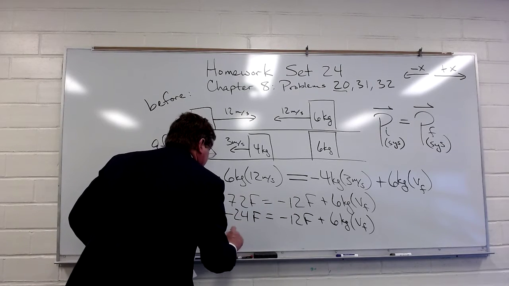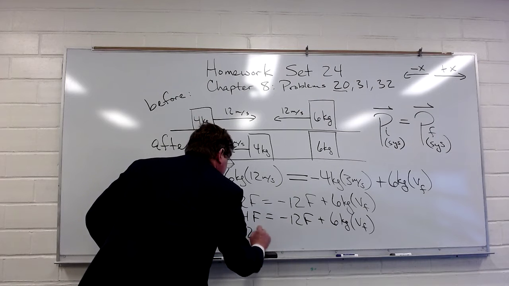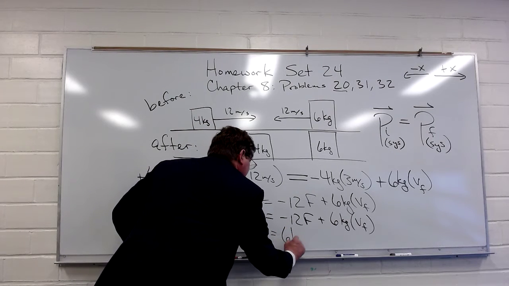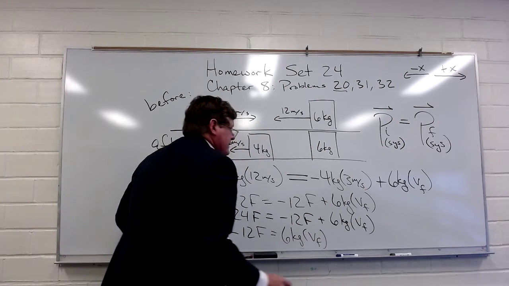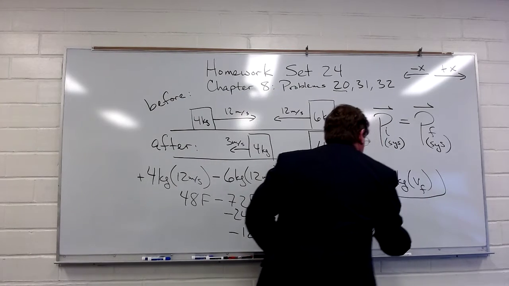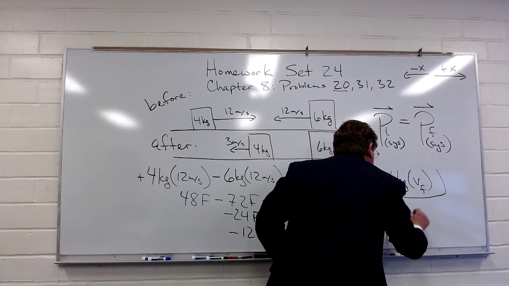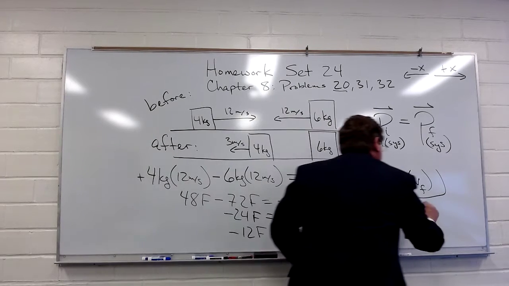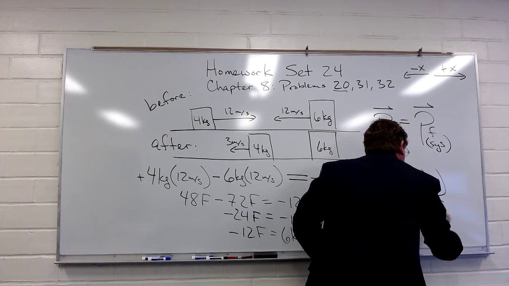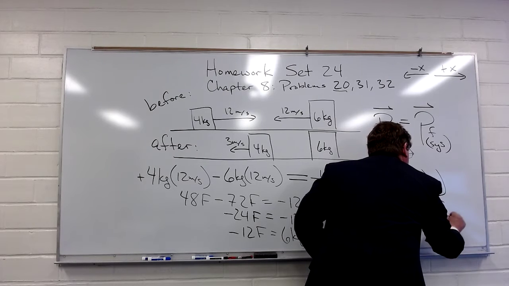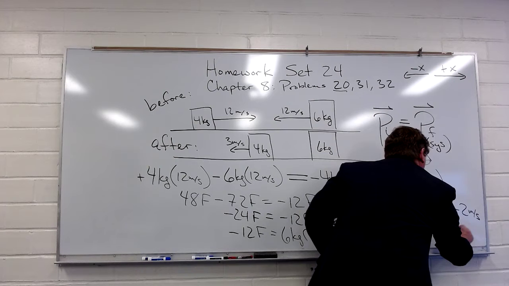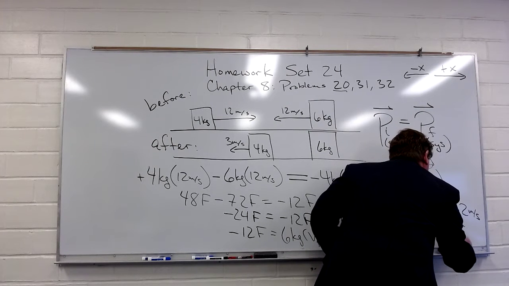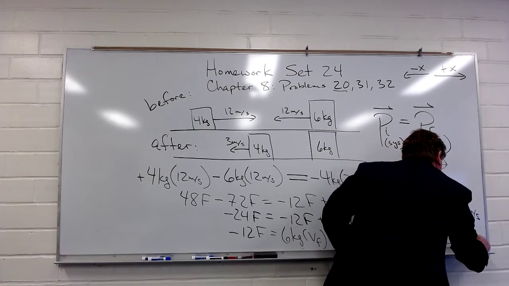Positive 12 plus negative 24 is a negative 12, equal to 6 kilograms V final. And this gives me a V final is equal to negative 12 over 6 kilograms. That's going to be negative 2 meters per second, or 2 meters per second left.